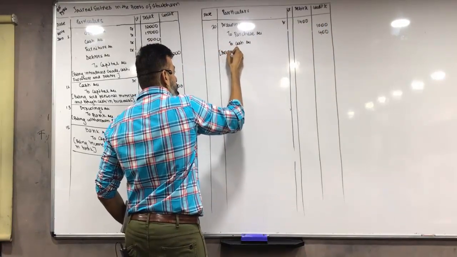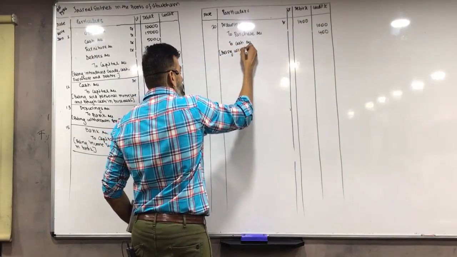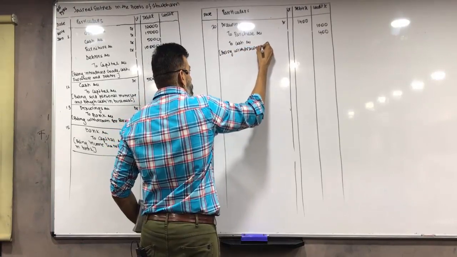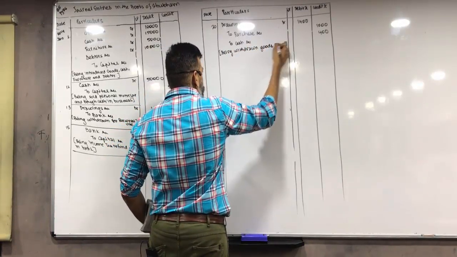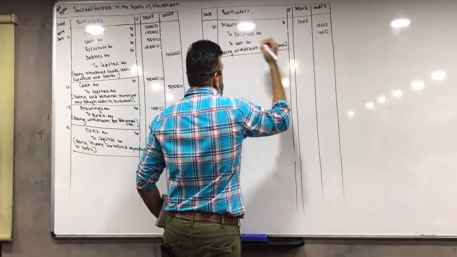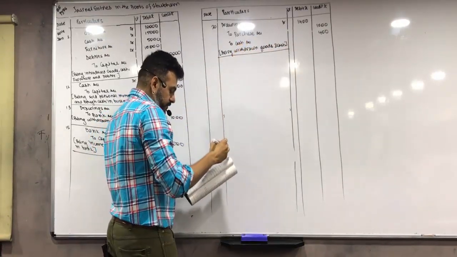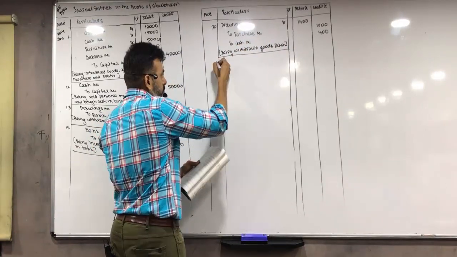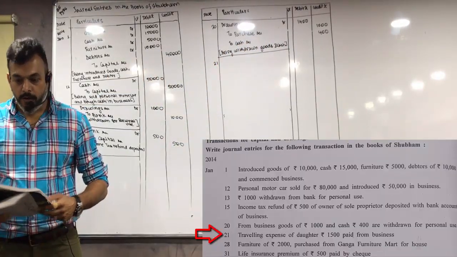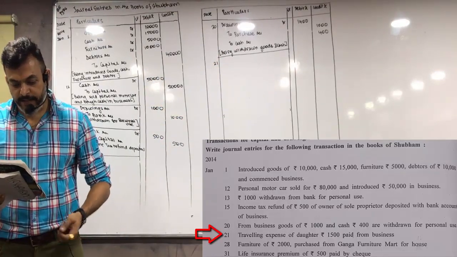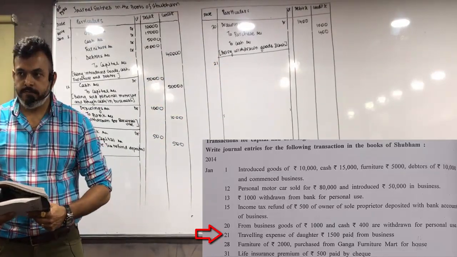Being withdrawn goods and cash. Owner is the receiver. लिख लिया सबने? Okay. Traveling expense of daughter.